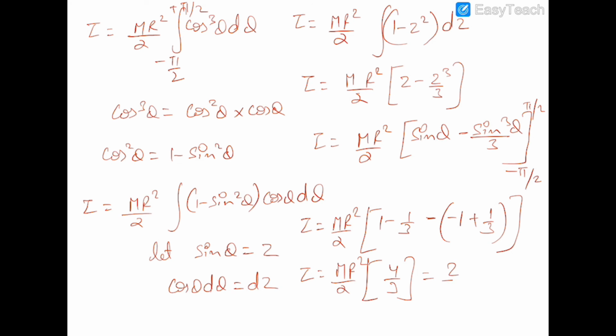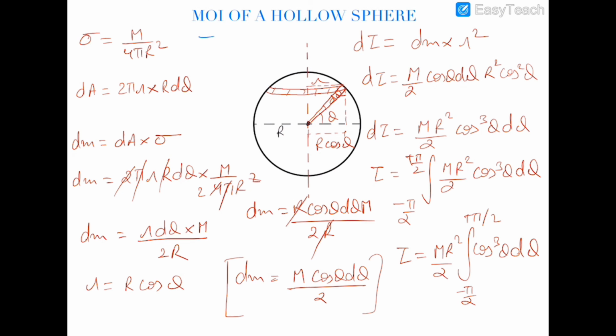So this is 2 by 3 m r square. So the moment of inertia for this sphere would be I is equal to 2 by 3 m r square. This is the final answer. Thank you.